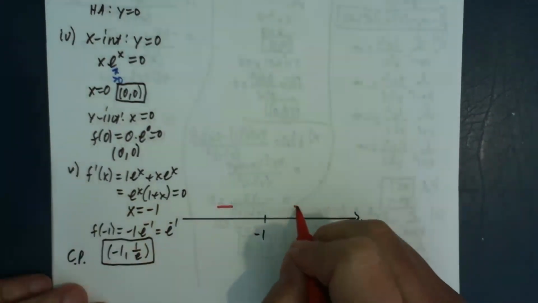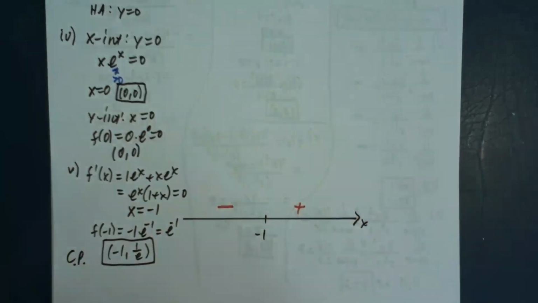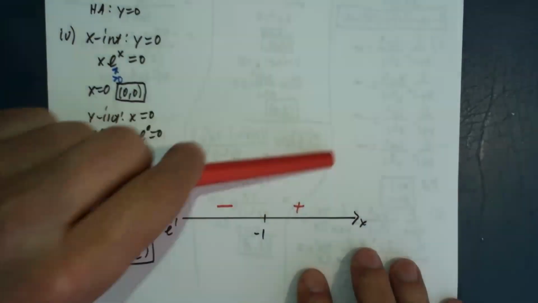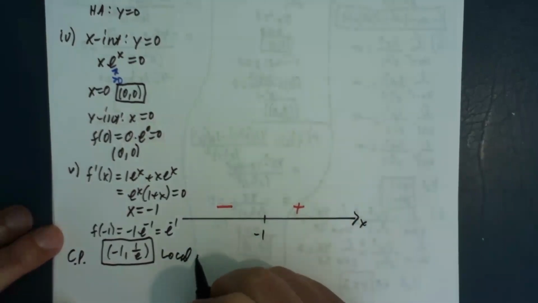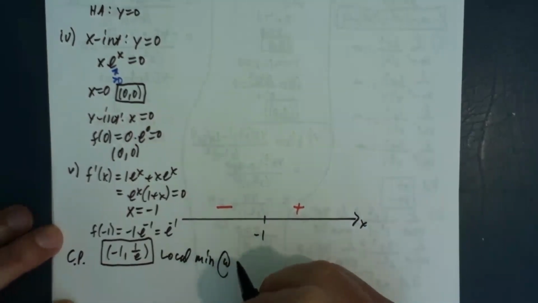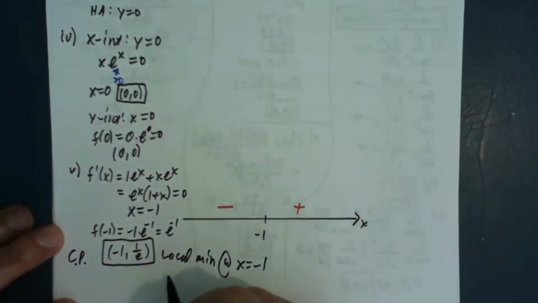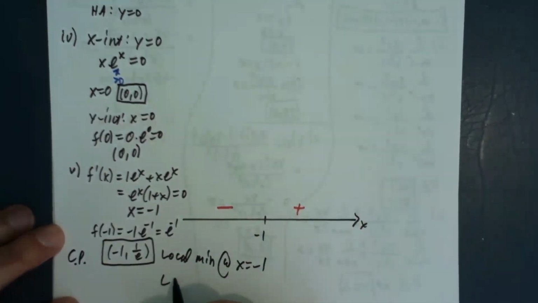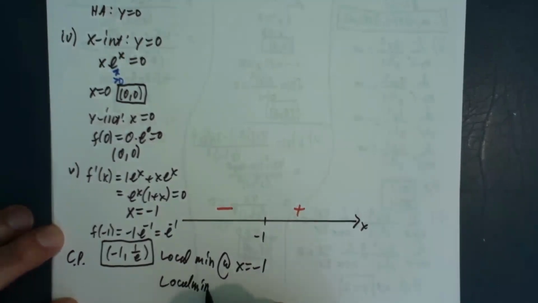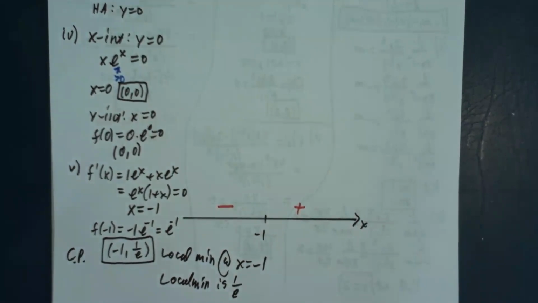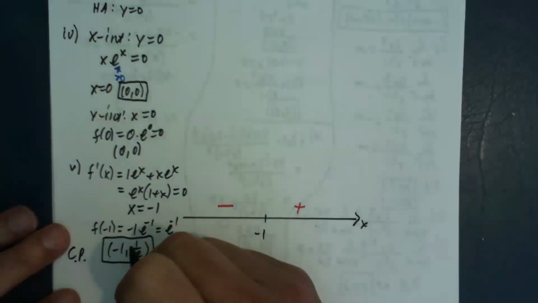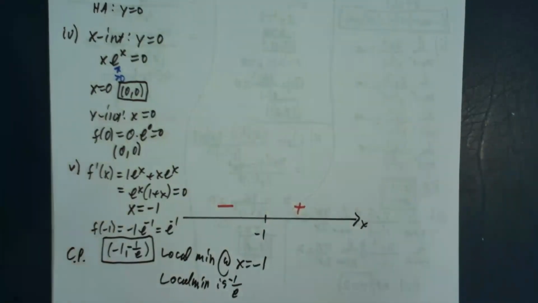So this is all positive here. Remember, when we go from a negative slope to a positive slope, we have a local minimum. At x equals negative 1, and the local minimum is negative 1 over e, pardon me.